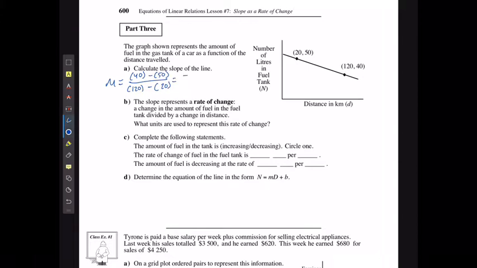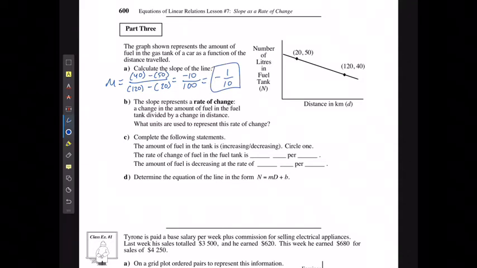And that's going to give me negative 10 over 100, which would give me negative 1 over 10 as a slope.